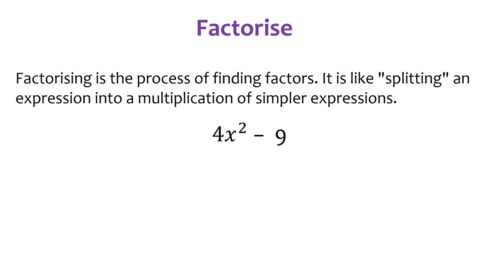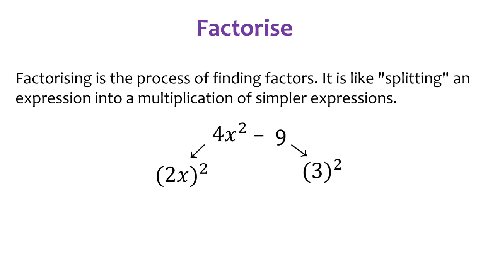And expansion is the reverse of factorization. They are opposite. Factorizing is the process of finding factors. It's like splitting an expression into a multiplication of simpler expressions. So if you have an expression like 4x squared minus 9, remember, 4x squared can be written as (2x) all squared because of exponents.